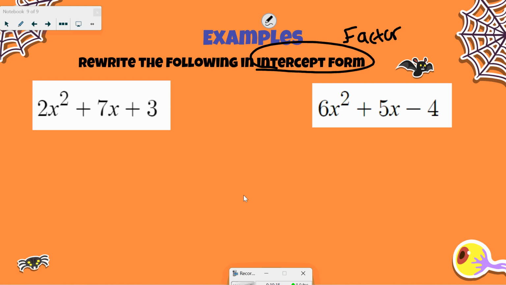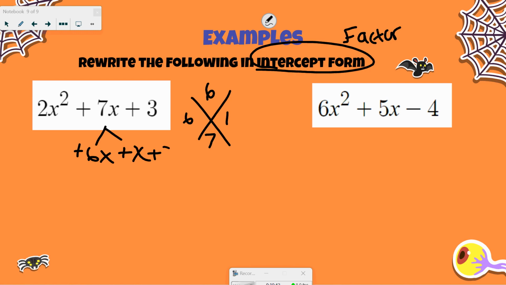Good job, Cameron. And that was going to be 6. And then what else are you thinking about? Good job, B under, which is 7. So what multiplies to give us 6 and adds to 7? 6 and 1. Great job. So remember using those two to break up B. So this is going to be plus 6x plus 1x, or just x plus 3.